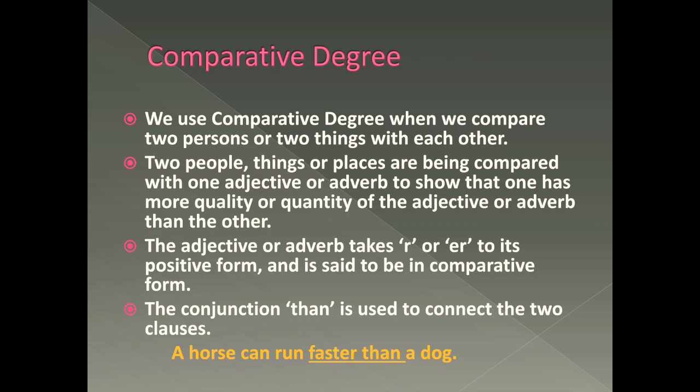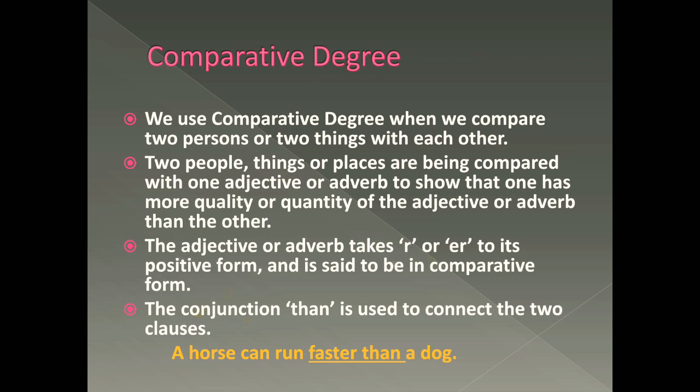So here we will say a horse can run faster than a dog. In case of comparative degree, after the adjective we use the word than to connect two clauses.